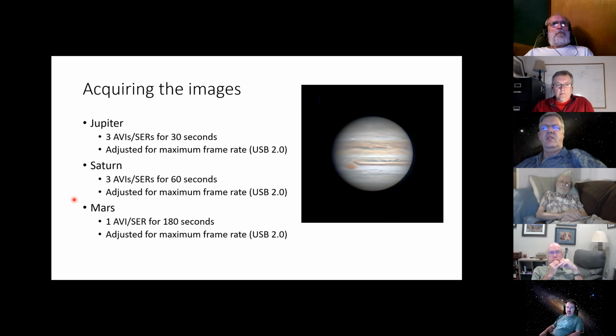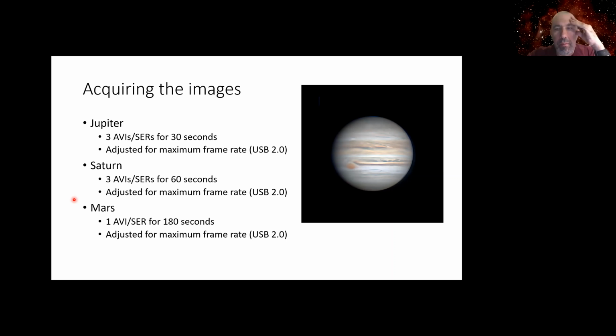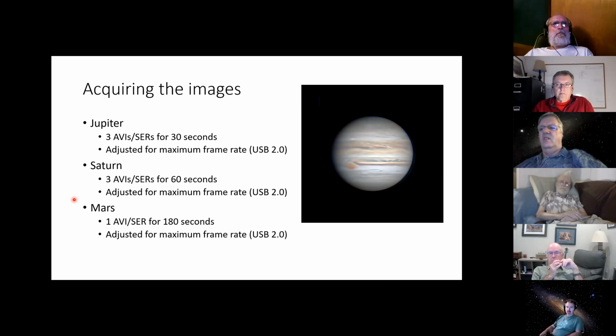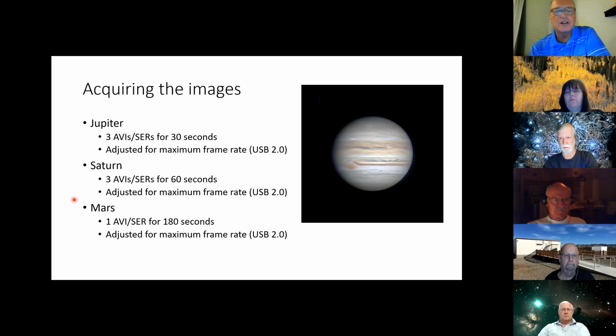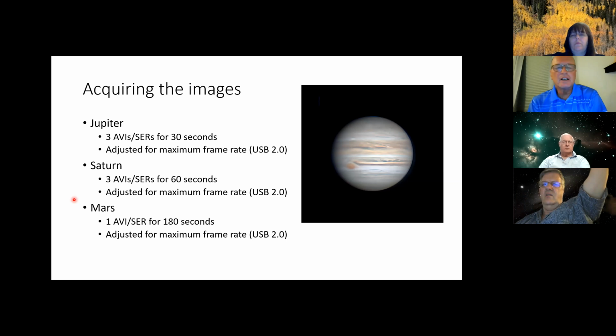For Jupiter and Saturn, I collected either 3 AVIs or SERs. SharpCap seems to work a little better with the SERs, so I use that. For each of those, Jupiter and Saturn, I collected 3 video segments and then averaged those together in WinJupos.